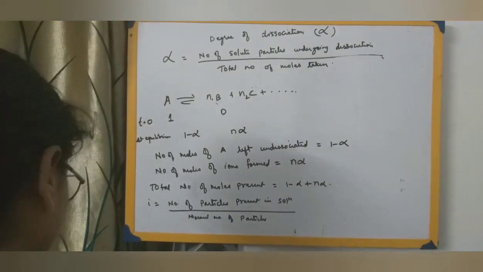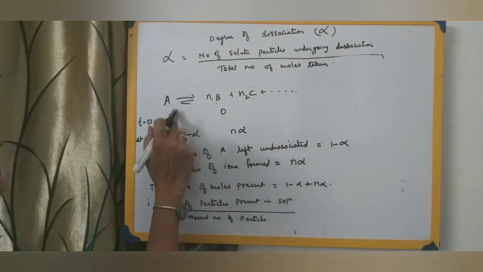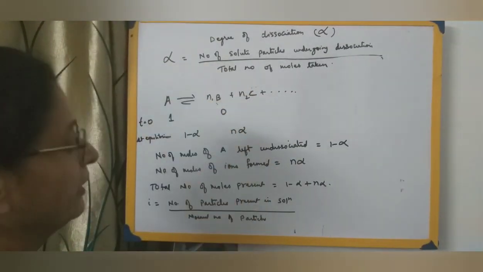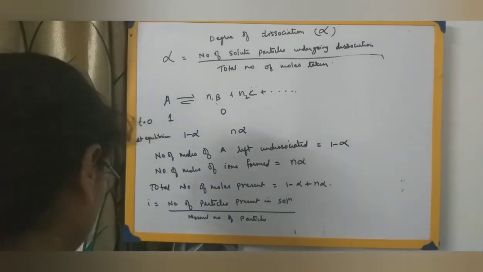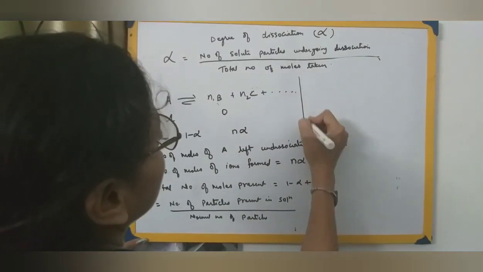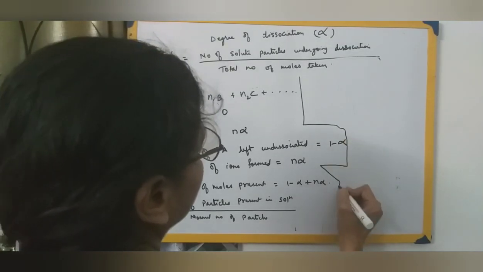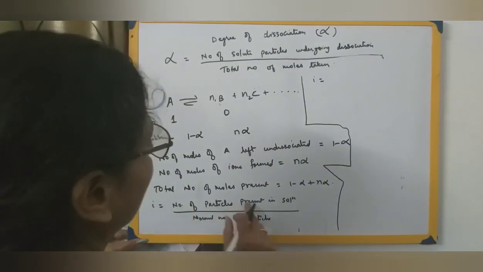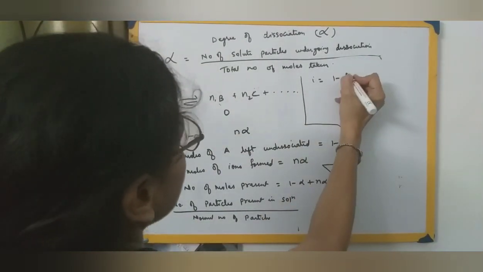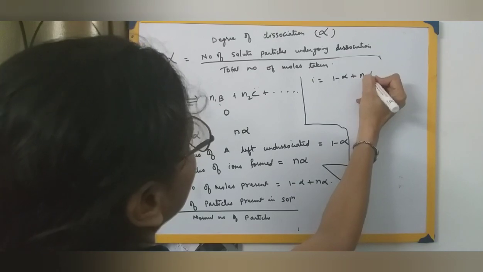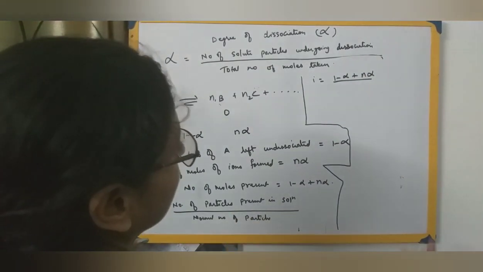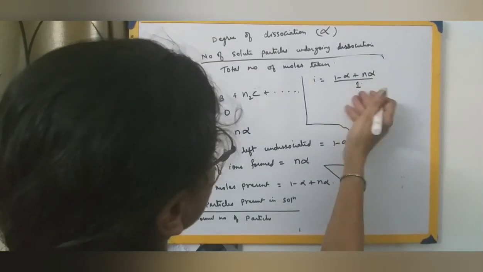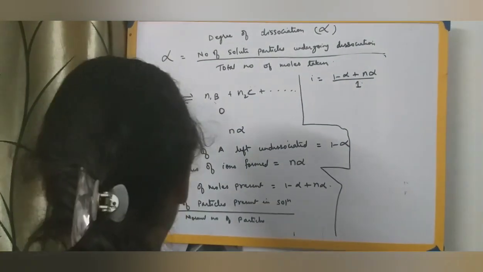And the normal number of particles is what we had in the beginning, when we were putting it in, which we found was 1. So i is equal to the number of particles present, 1 minus alpha plus n alpha, over the normal number of particles, which is 1. So i equals 1 minus alpha plus n alpha.